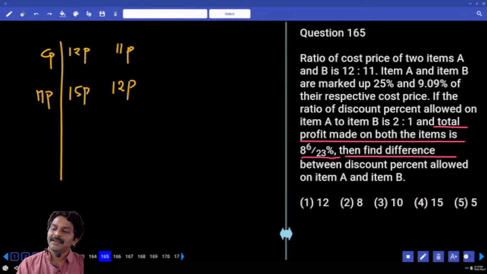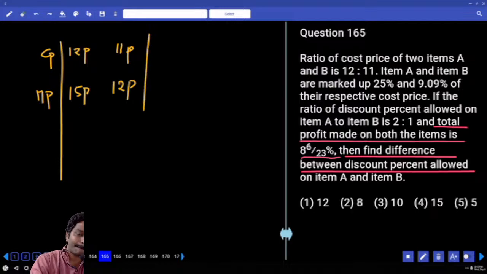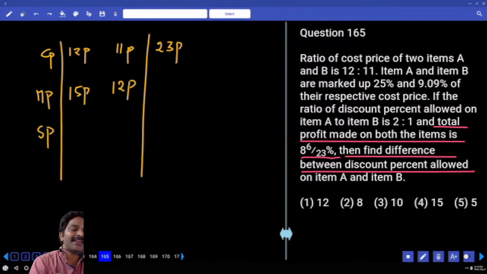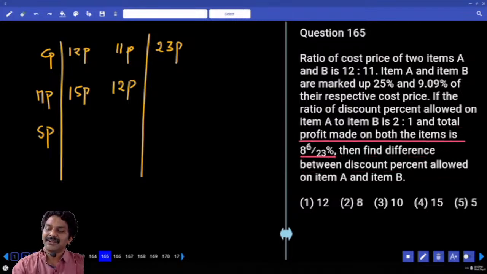Then find the difference between discount percentages allowed on item A and item B. Now, how much is the total cost price? 23 parts. Finally, by selling both the items after discount, what is made? Profit or loss? Total profit they are saying, right?